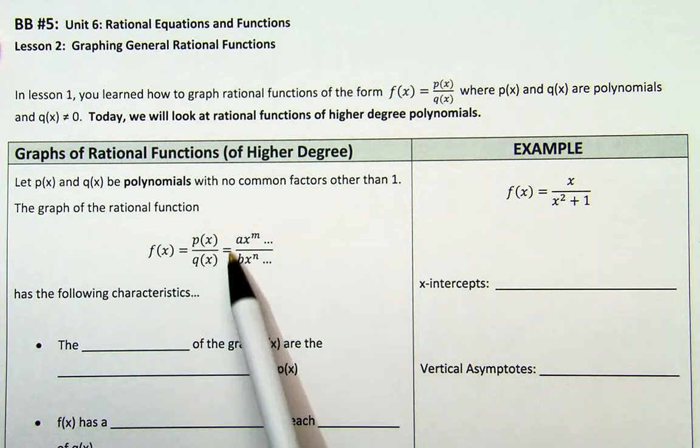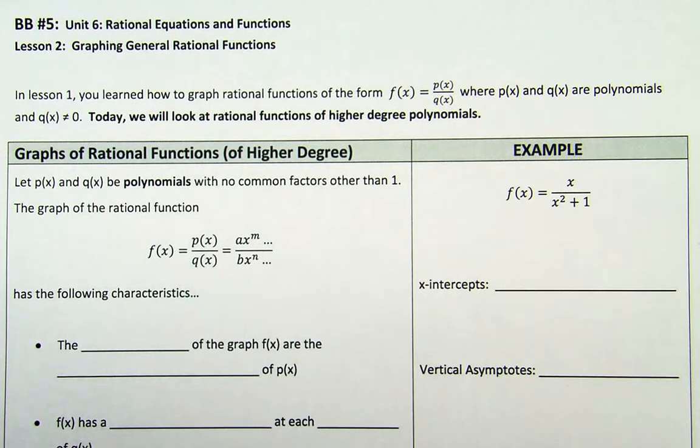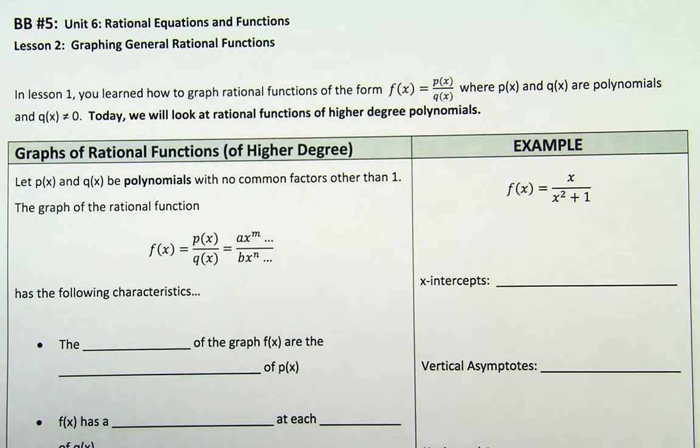In other words, an expression on top divided by an expression on bottom. The difference here is we're going to have higher degree, which means we're going to be looking at polynomials with more than necessarily just your x or x squared. If you have a rational function in this form, it's going to have the following characteristics.